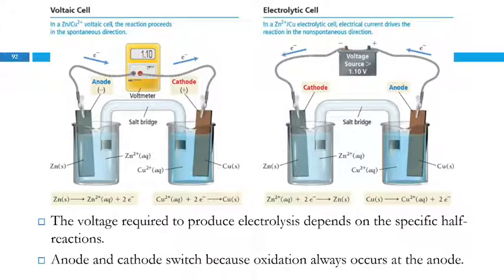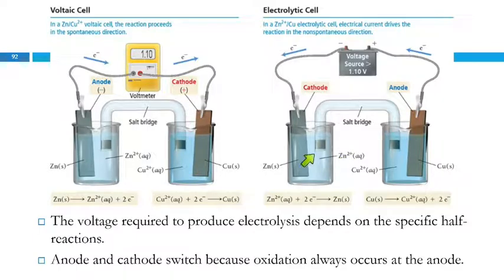The voltage needed to do electrolysis depends on the specific half reactions that are involved. And here we have a zinc-copper voltaic cell where we've got the zinc electrode over here as the anode and the copper as the cathode.